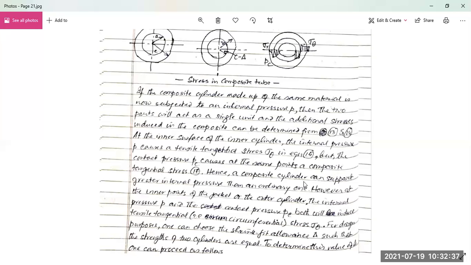Hence this composite cylinder can support greater internal pressure than an ordinary one.